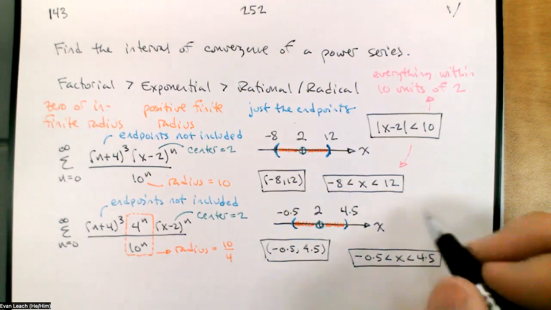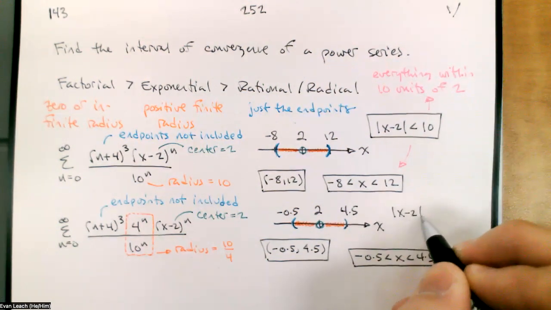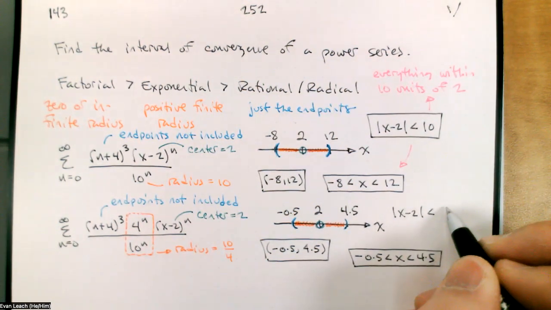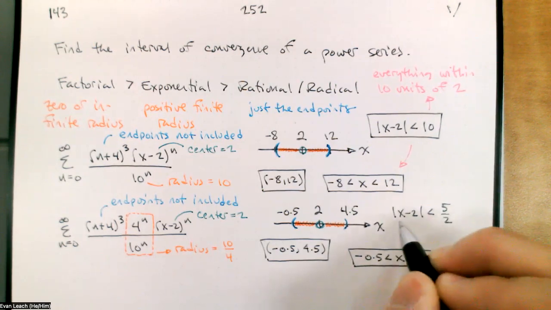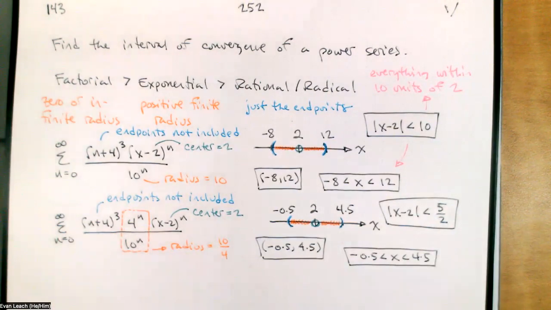Because the endpoints are doing the same thing, we could describe this as an absolute value inequality. Absolute value of x minus 2 has to be less than 2.5. We would interpret that as saying everything within 2.5 units of 2, which is everything between -0.5 and 4.5.